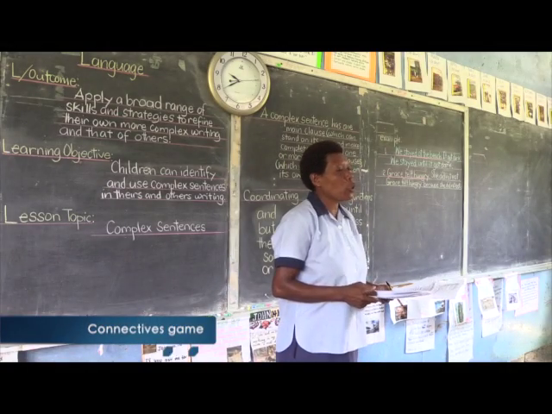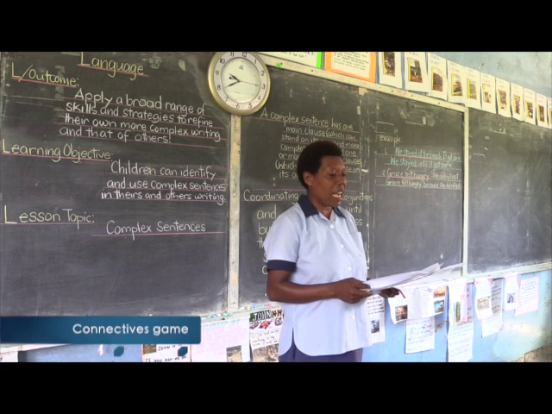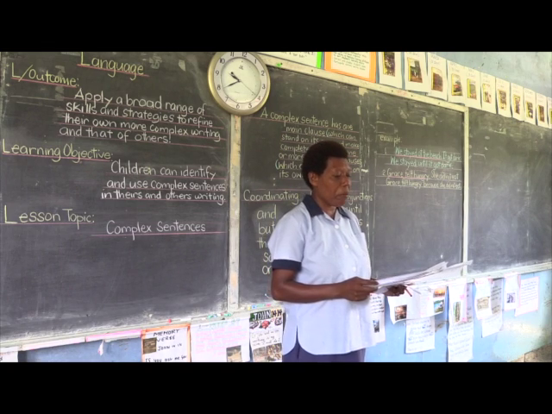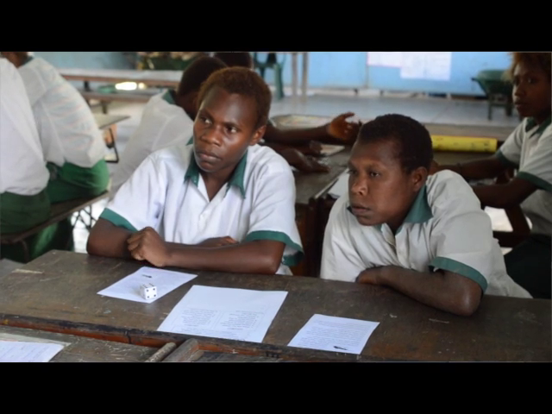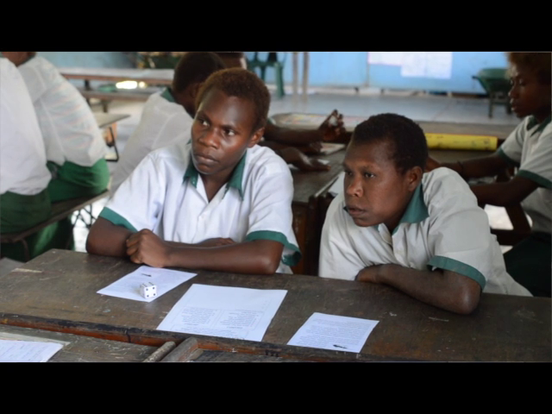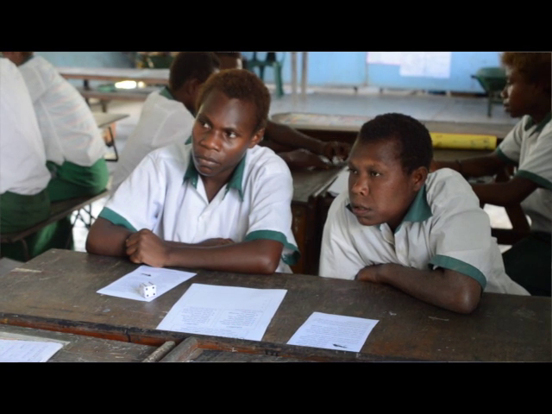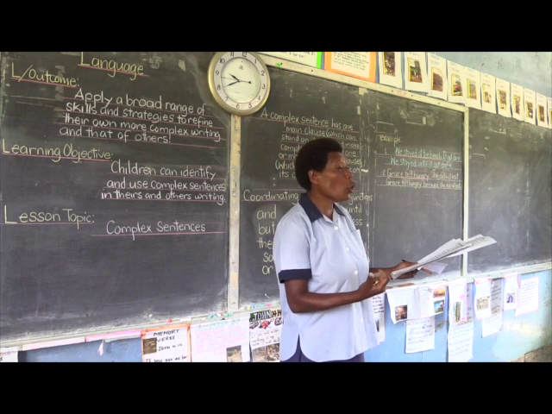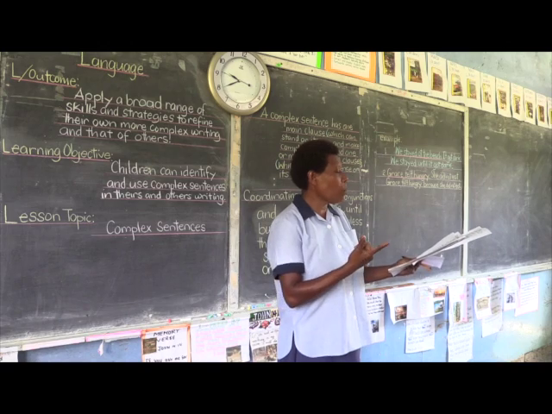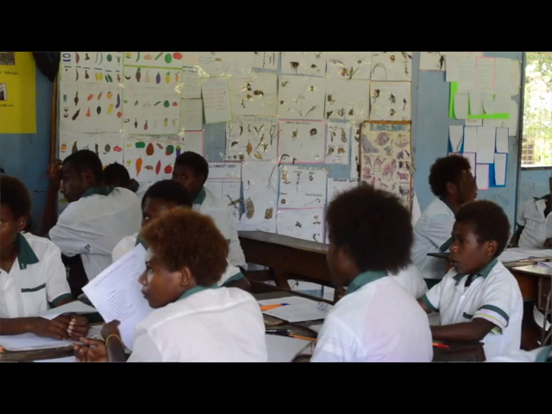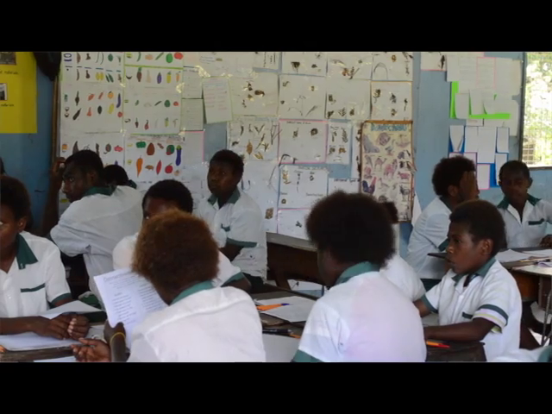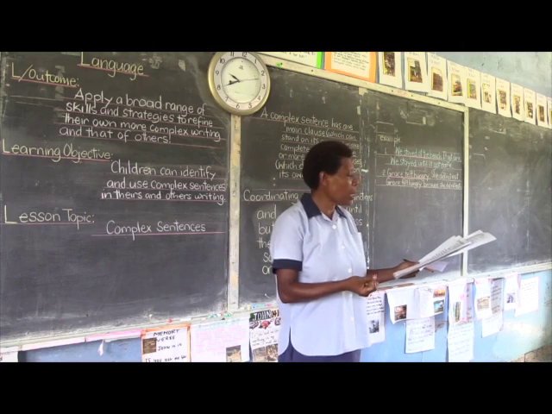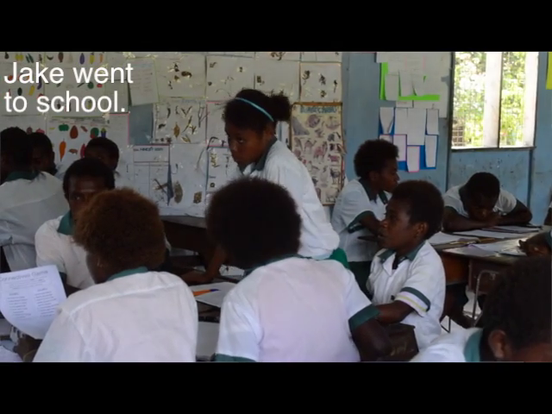I will explain to you how you're going to play the game. It's called the Connectives game. You're going to roll the dice once and read the number on the dice. For example, if it is number 2, then you look at number 2 on column 1. You roll the dice again, and if it's number 3, can I have Regina read number 3, please? Jane went to school.